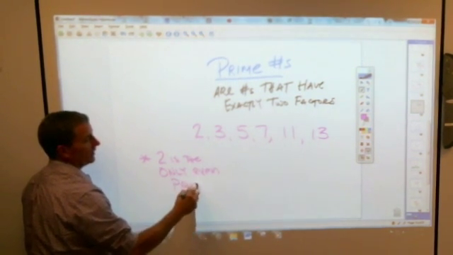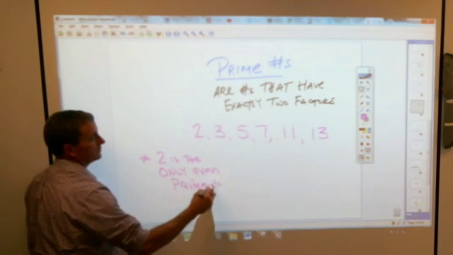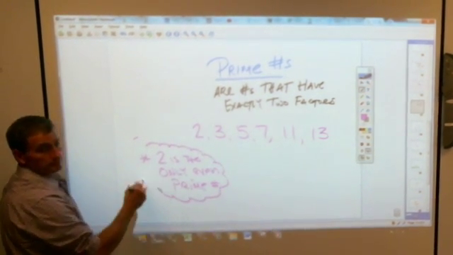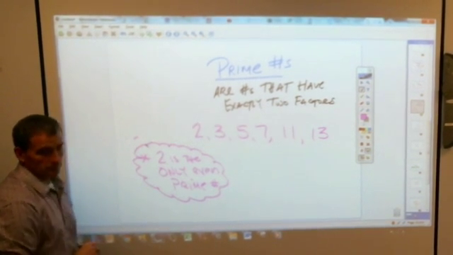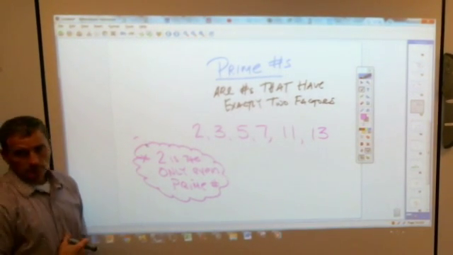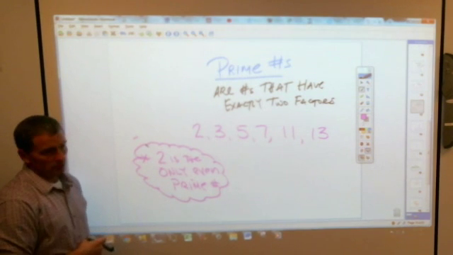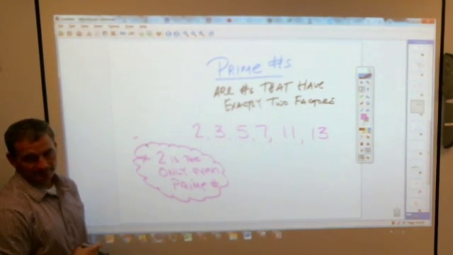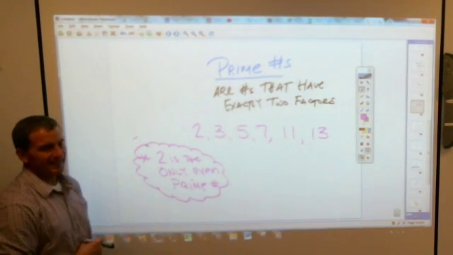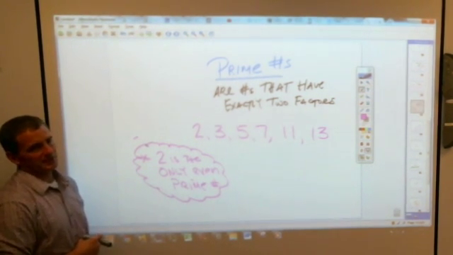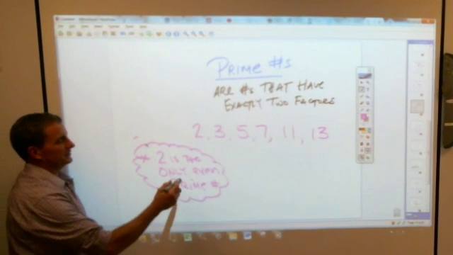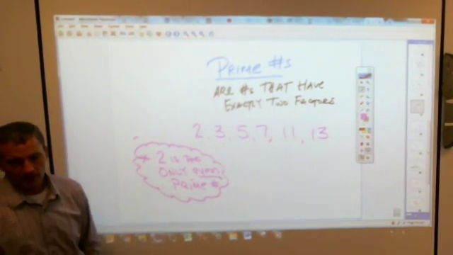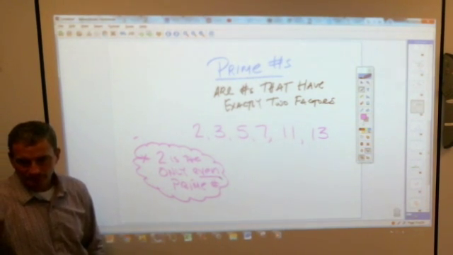Does anybody not know why that is? Why is 2 the only even prime number? Brendan, Nancy, why do you suppose 2 is the only even prime number? Because it's the smallest and nothing can go into it. Yeah, but why is it the only even one? I mean, what about 6,236? How do I know that's not prime?